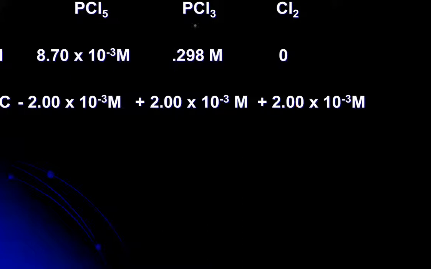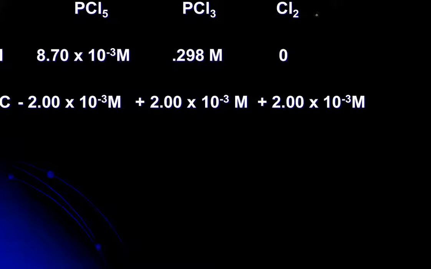Now, keeping in mind, if we're moving in the direction of the products, not only was chlorine made, so was PCl3. How much PCl3 was made is dependent upon the mole ratio between them. I know I made 2 times 10 to the negative third moles per liter of chlorine, and this is a 1-to-1 ratio, so I know that I also made 2 times 10 to the negative third molar of PCl3.